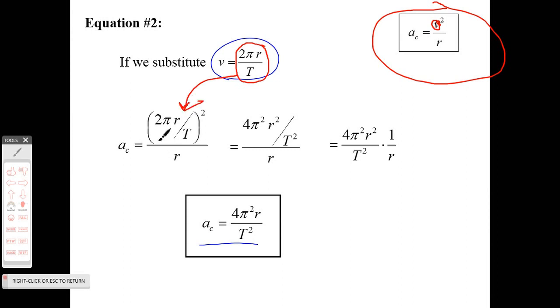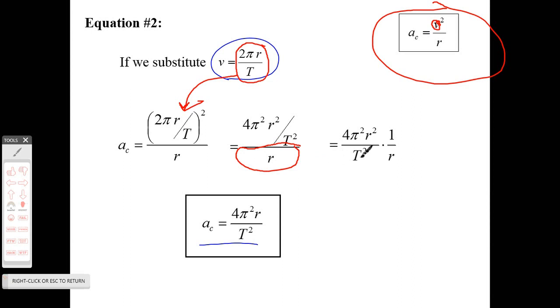So let's expand this stuff out. And we're left with 2 squared is 4, pi squared is pi squared, r squared is r squared, t becomes t squared, all divided by r. Now we can rearrange this a little bit. This r at the bottom becomes a 1 over r, and we multiply this all through.